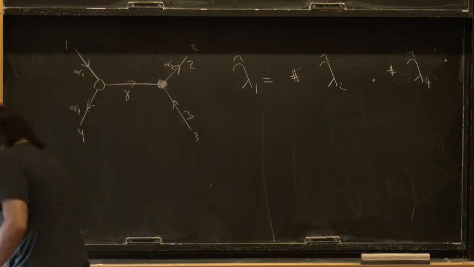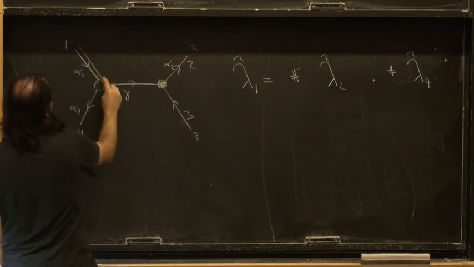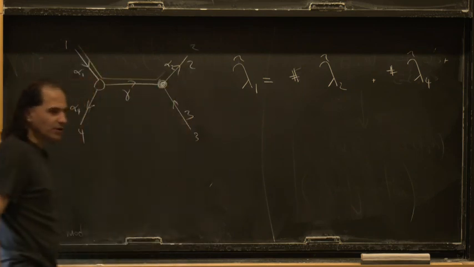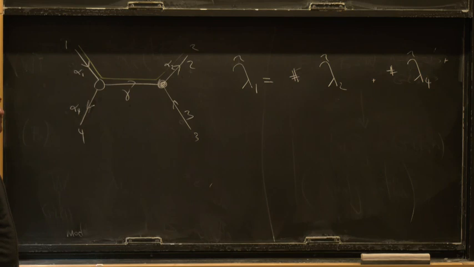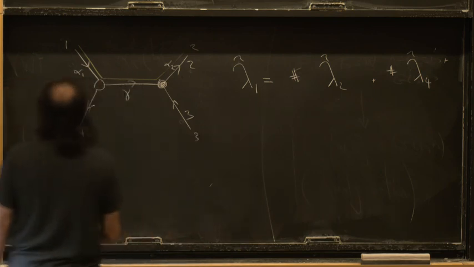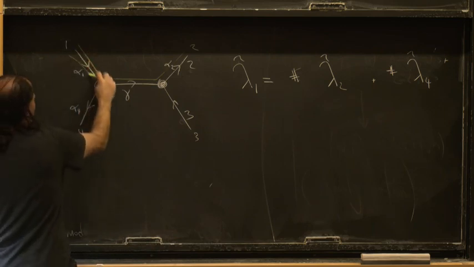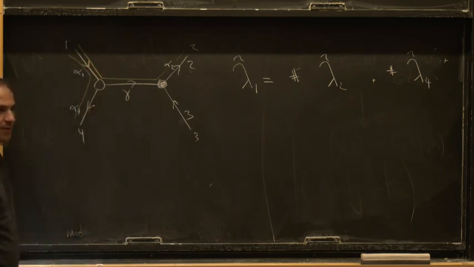But that's exactly what I would get if I took this path from 1 to 2, just following the arrows. Similarly, for lambda tilde 4, I got alpha 1 times alpha 4. That's the path that I would get following the arrows between 1 and 4.